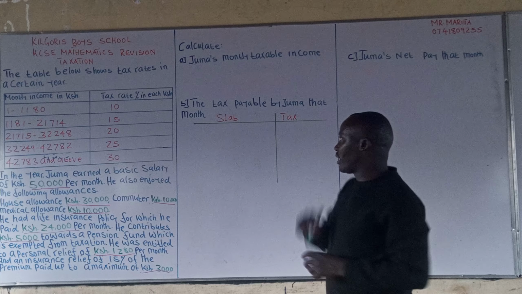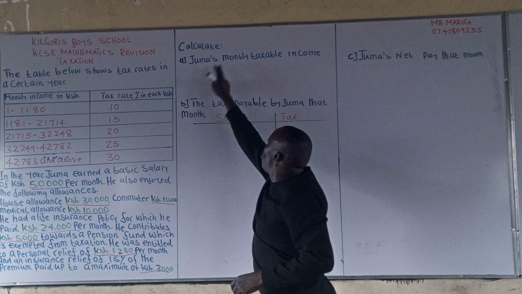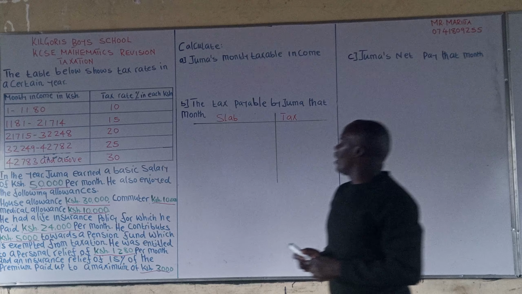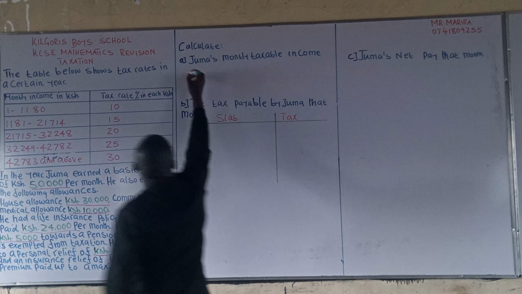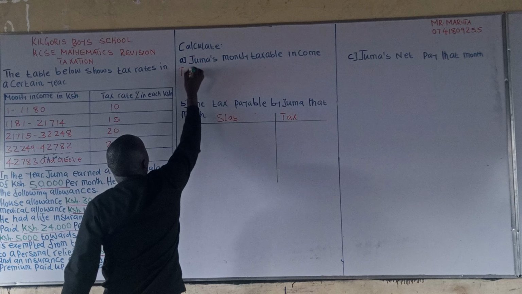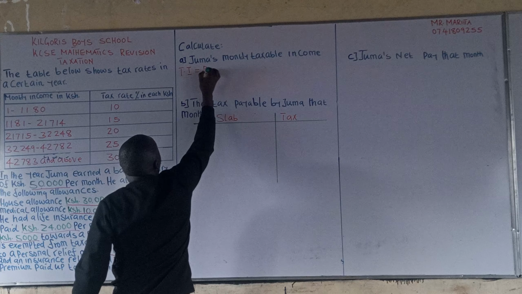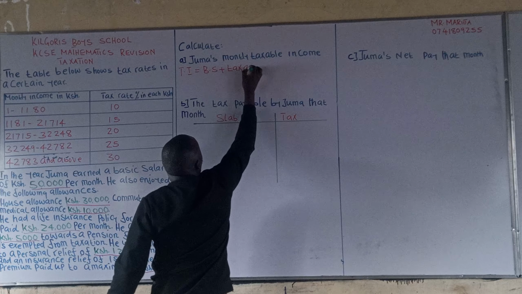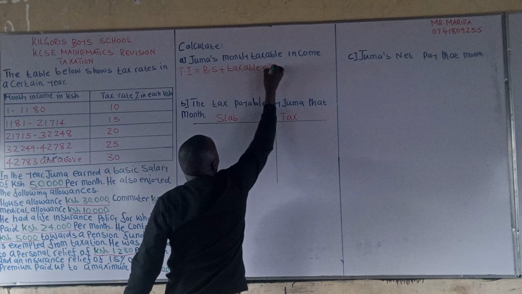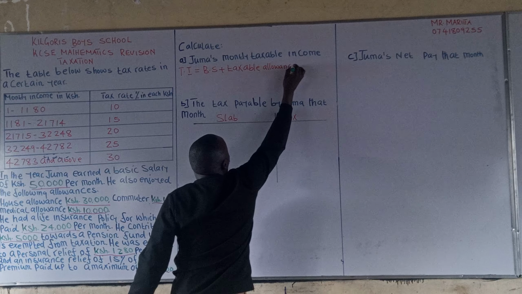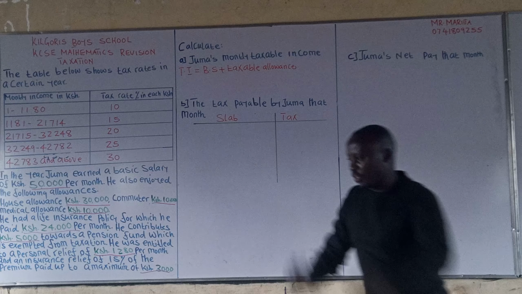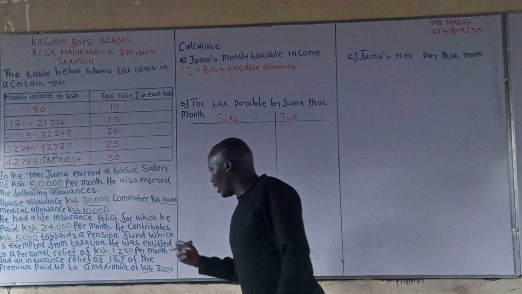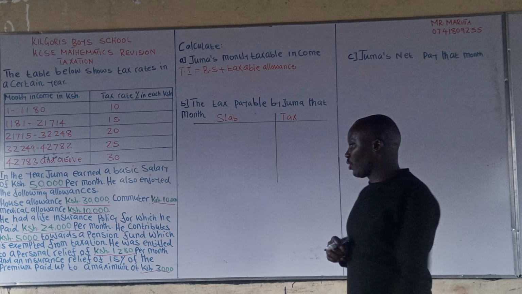So in the first question, part A, we are supposed to calculate Juma's monthly taxable income. We have a formula here: the taxable income is equivalent to the basic salary plus the taxable allowances, and because there is an exemption, the 5,000 contributed towards the pension fund is exempted from taxation.